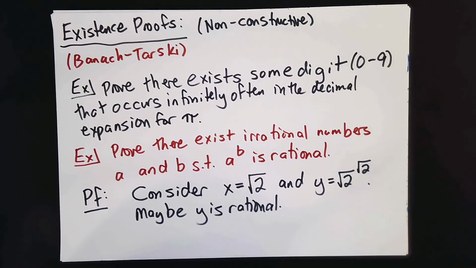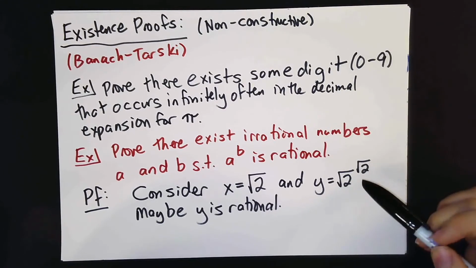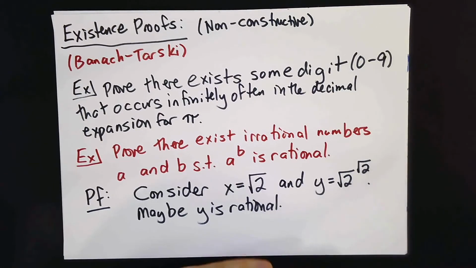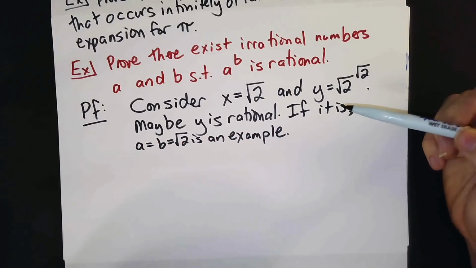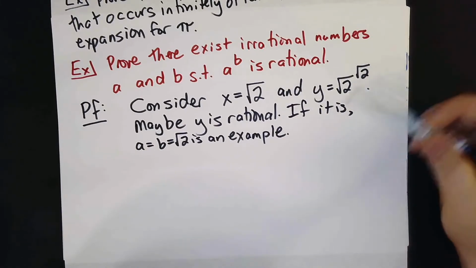So for a long time, no one knew if this number was rational or not. But I want to point out that if this number y does happen to be rational, well, then we've proven this, because I can take a and b both to be square root of 2. But probably if you were forced to guess, you would guess probably this number is irrational.